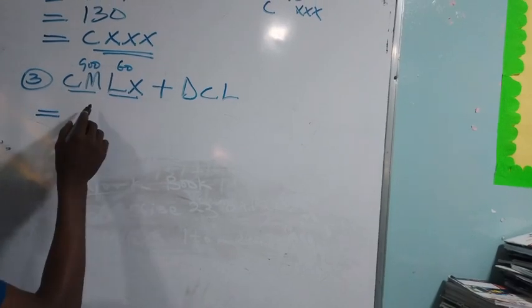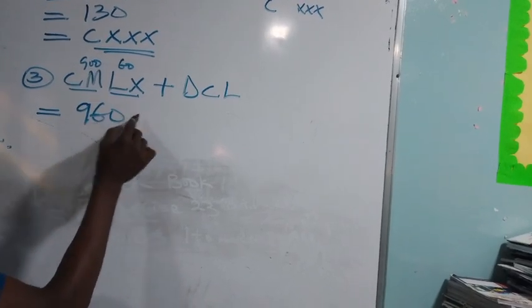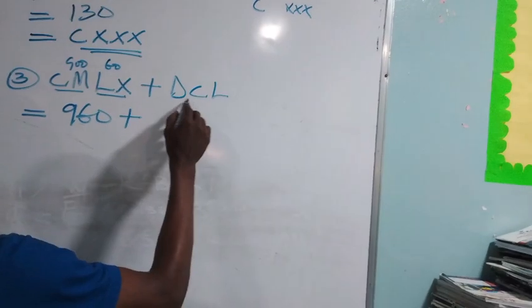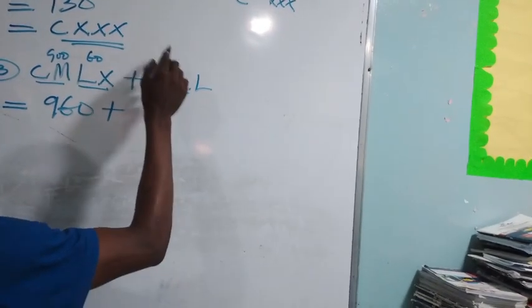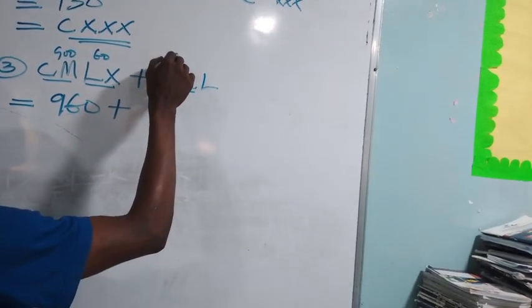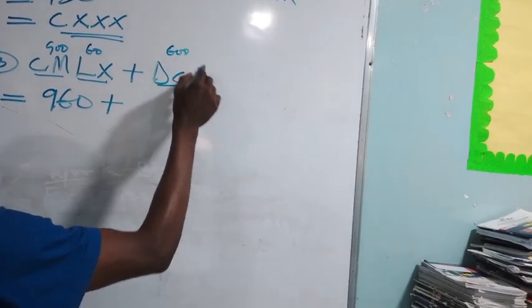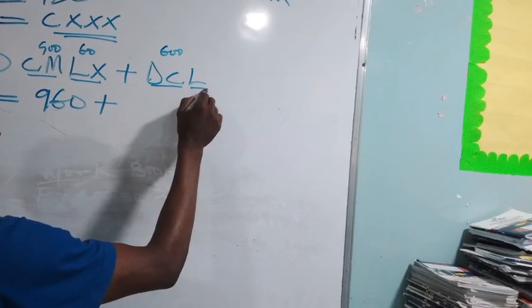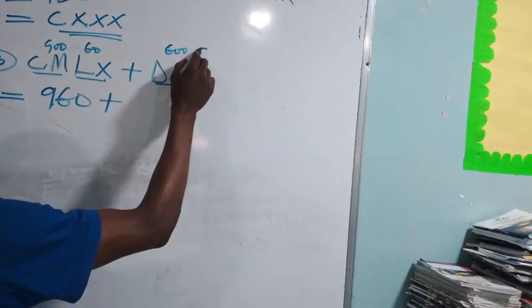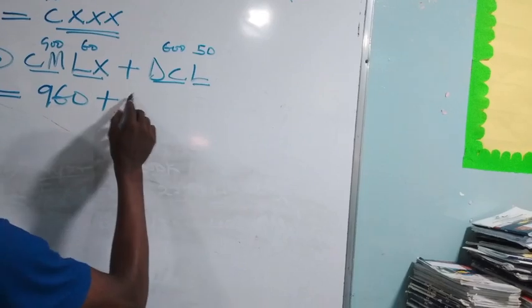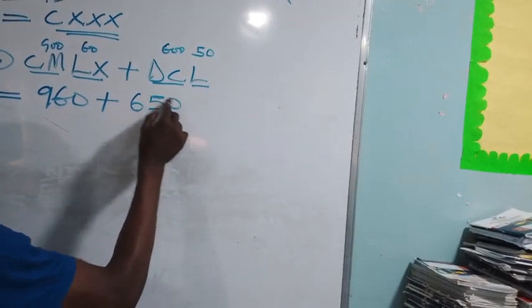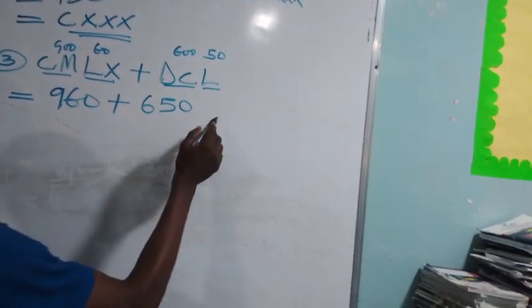So when you join them together, you have 960 plus DCL. DC is 600 and L is 50. So you have 650.